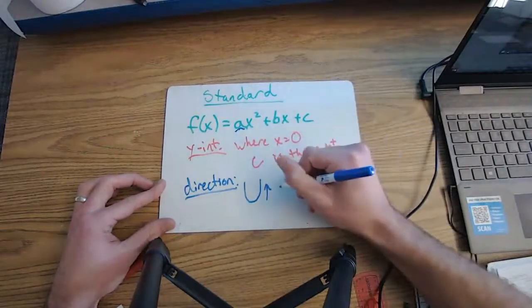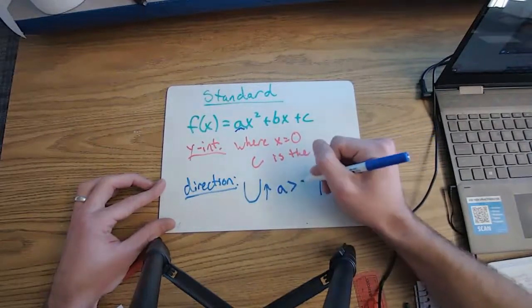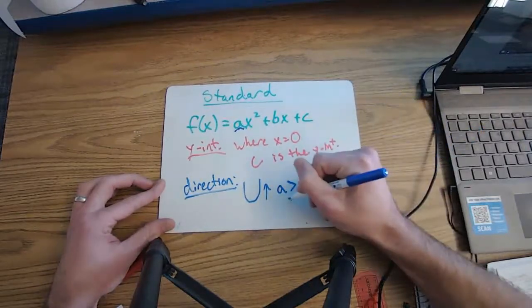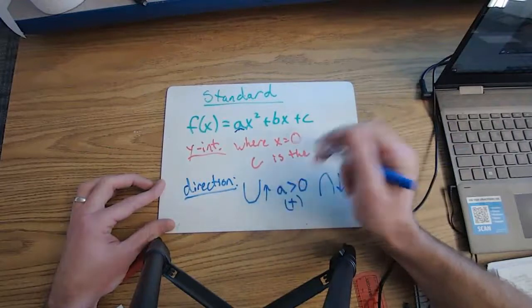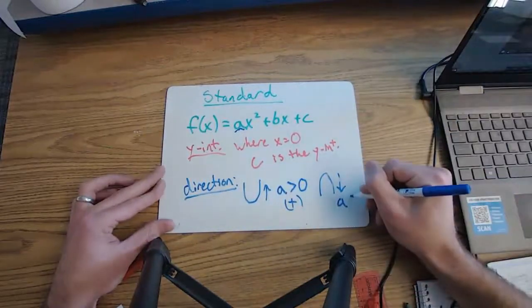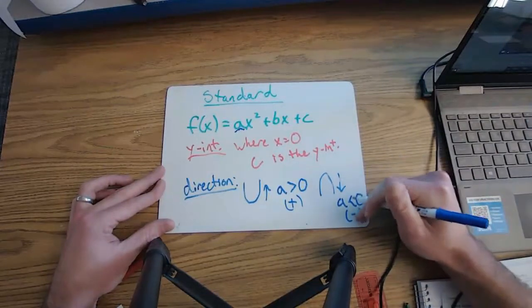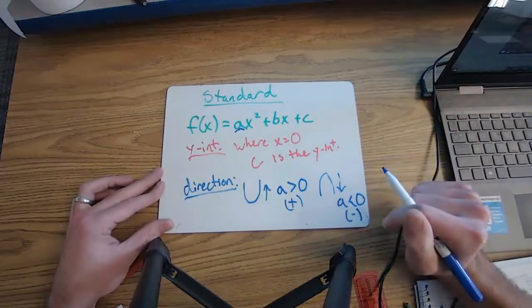If a is greater than 0, or if it's positive, it's a smiley face. It's facing up. If a is less than 0, or if it's negative, then it's that frowny face. It's facing down.